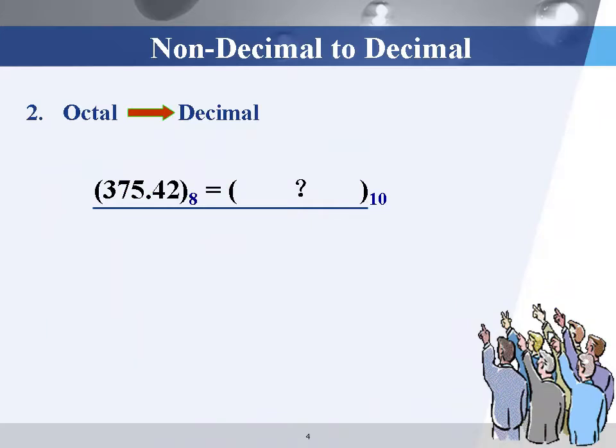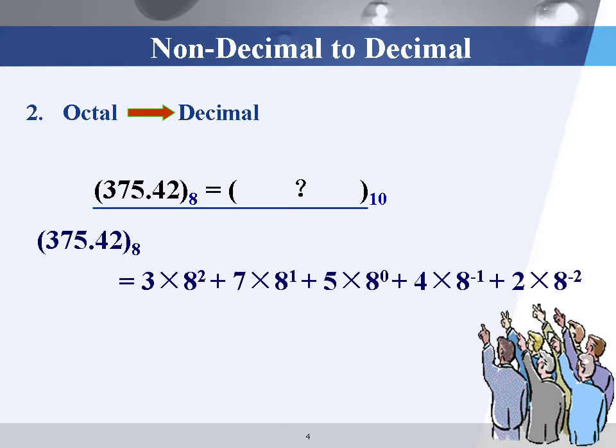Converting from octal to decimal is similar. We still use the same approach, the spread number approach. So suppose we have this number, 375.42 in octal. We're going to convert it into decimal. So again, we are going to calculate the power of each of the positions.